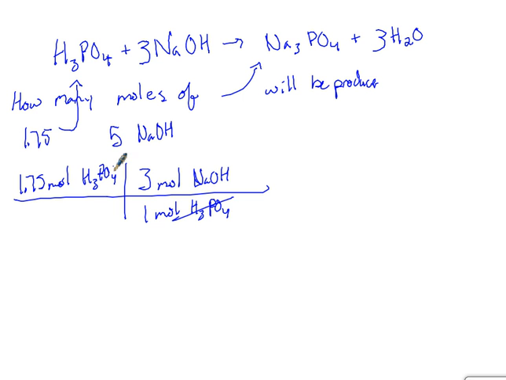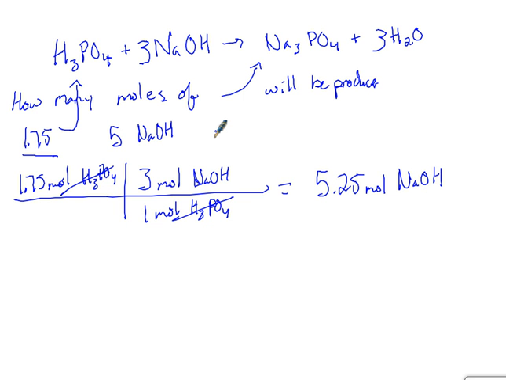My moles of phosphoric acid will cancel, and I'll be left with 5.25 moles of sodium hydroxide. Okay, so I know in order to completely react my starting amount of 1.75 moles of phosphoric acid, I'll need 5.25 moles of sodium hydroxide.